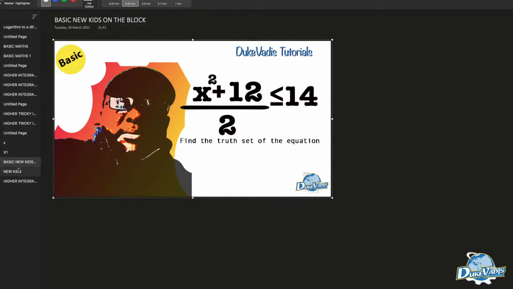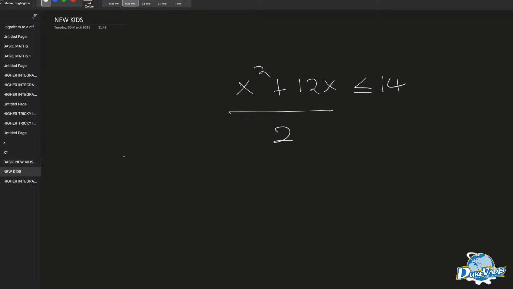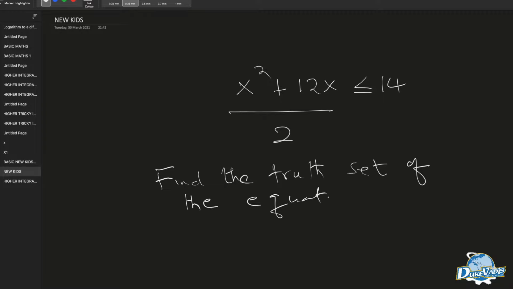Alright, so now this is the question we have at the moment, and we're supposed to find the truth set of the equation above.